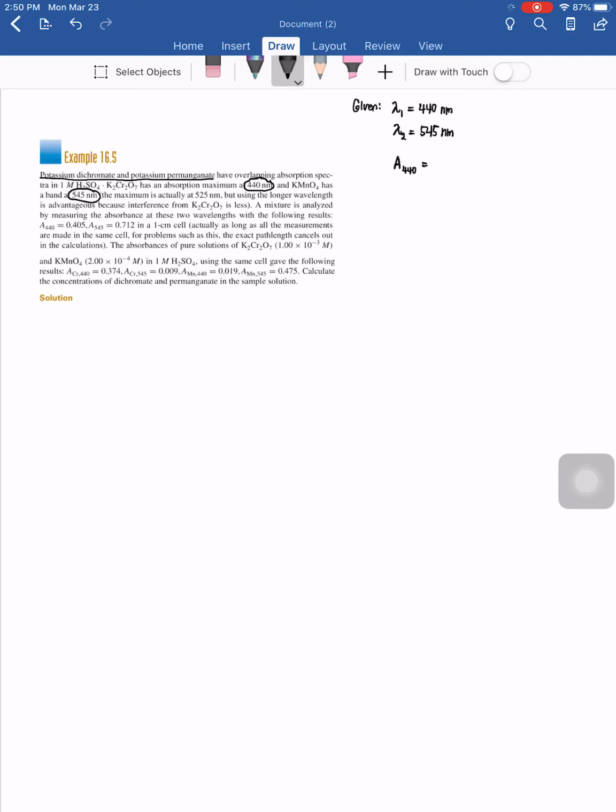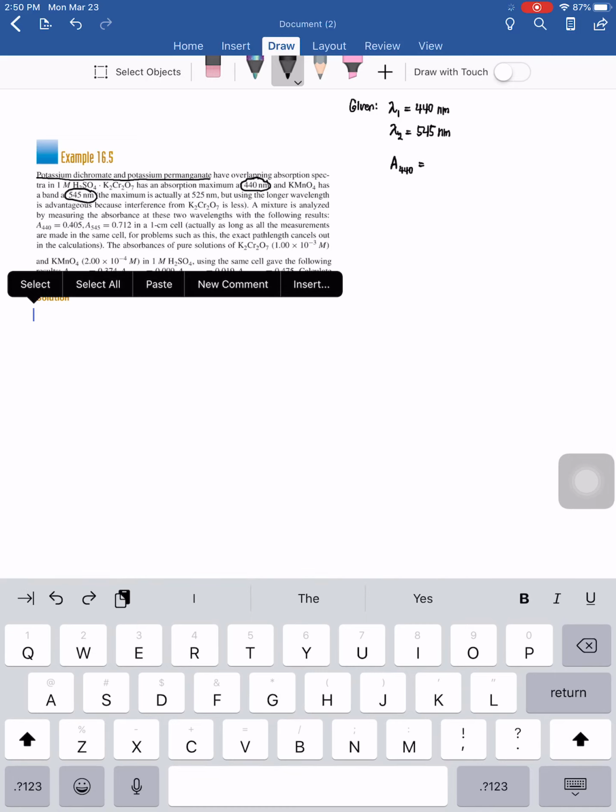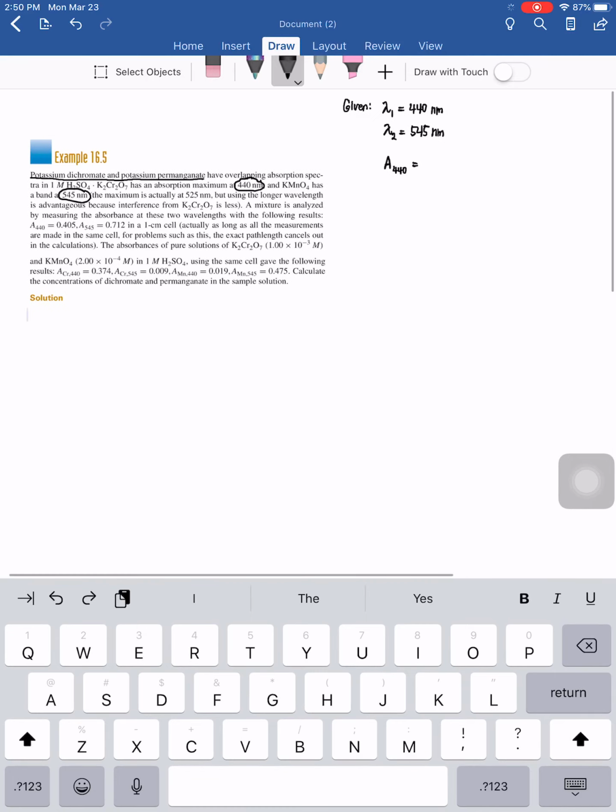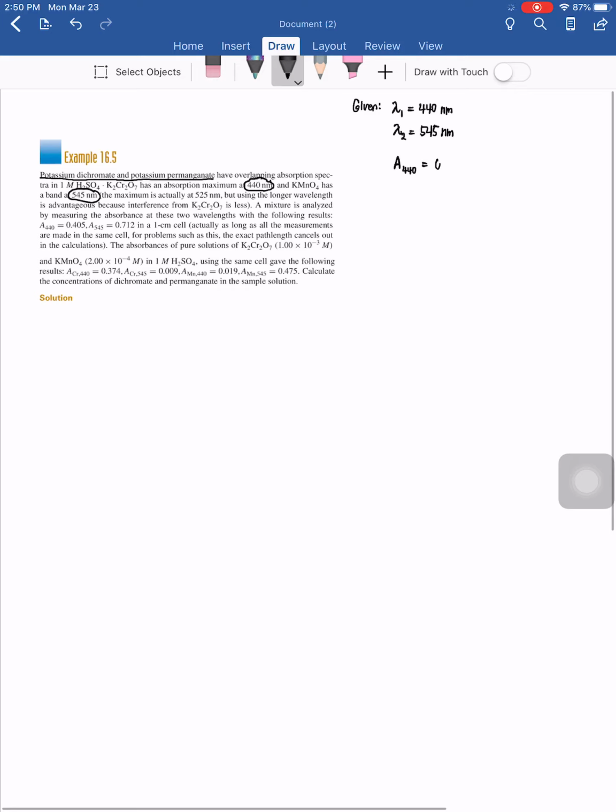The absorbance here at 440 nanometers is A440, and its value is 0.405. Then resetting our spectrophotometer to a wavelength of 545 nanometers, we can measure the absorbance again of our mixture, and that value is A545 equal to 0.712.